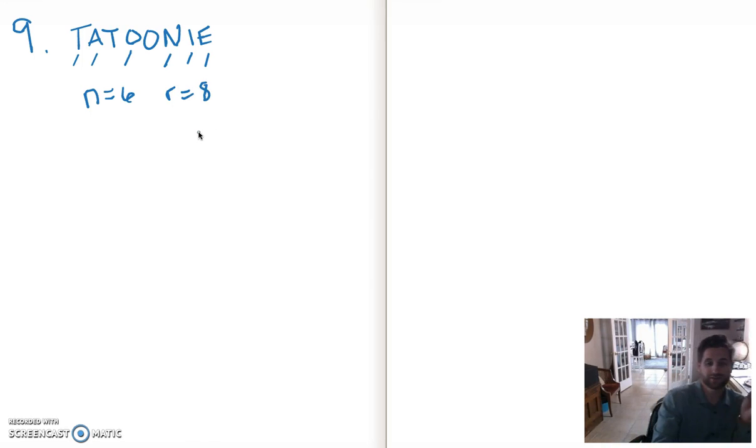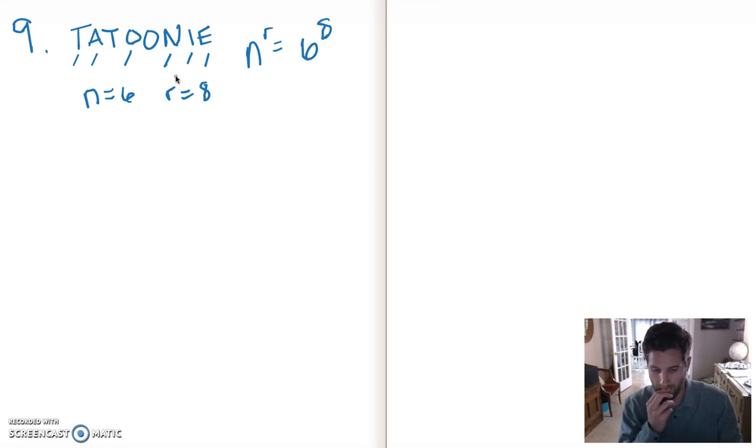Well, if I try and do nCr or nPr, it won't work. So I have to do repetition. It doesn't take account of repetition, so we need to do repetition, which is going to be n to the r. So whenever we're dealing with repetition, we're going to have to do it like this. 6 to the 8th power, which is going to be a decently large number.